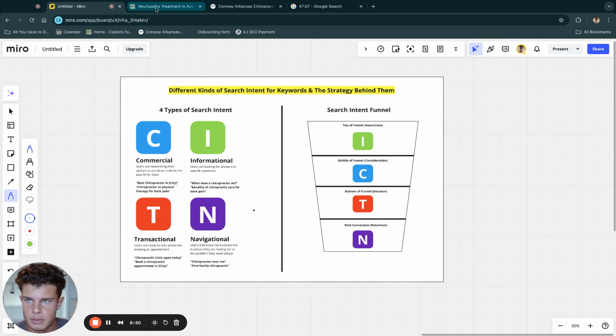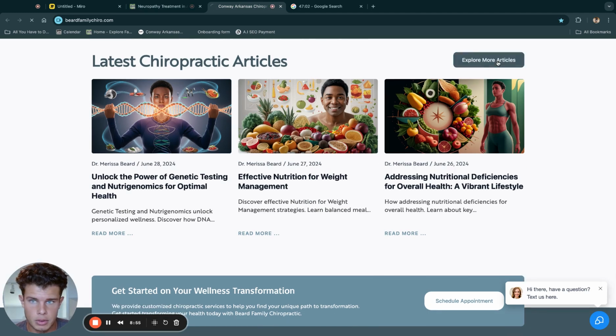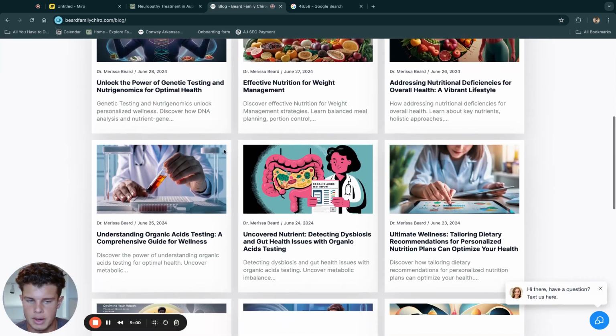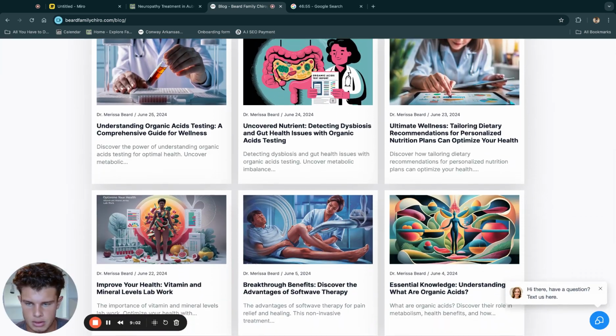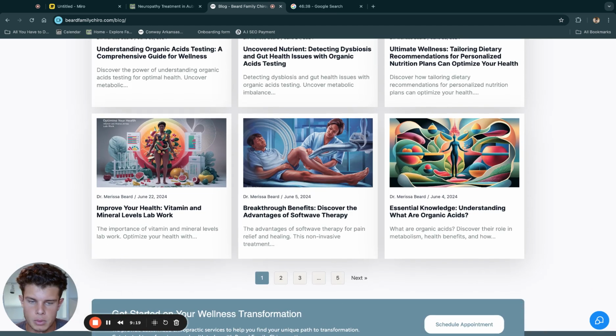So what we'll do for informational and commercial is we'll create articles like this. So articles that are just about answering people's questions. Now, what these will do, which I didn't mention before, is these will target shorter and longer tail keywords that are basically just designed to improve your rankings a little bit easier. Which will, again, help your authority and your ability to rank on Google.